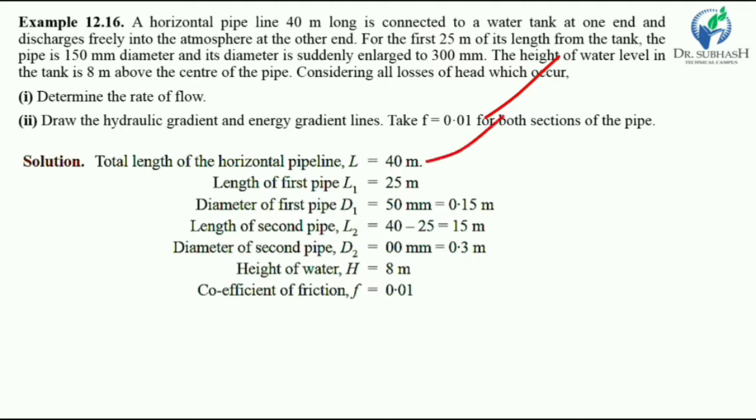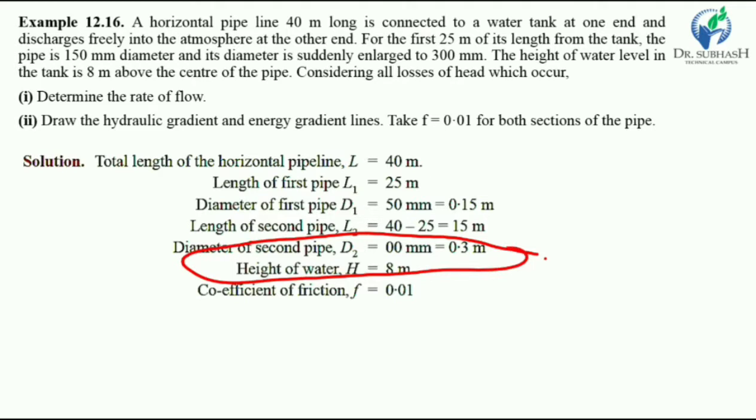Now the lengths are given. The total length of the horizontal pipe is 40 meters. The first section of pipe has a length of 25 meters. The second section has a length of 15 meters. The first section pipe diameter is 150 mm and the second section diameter is 300 mm.